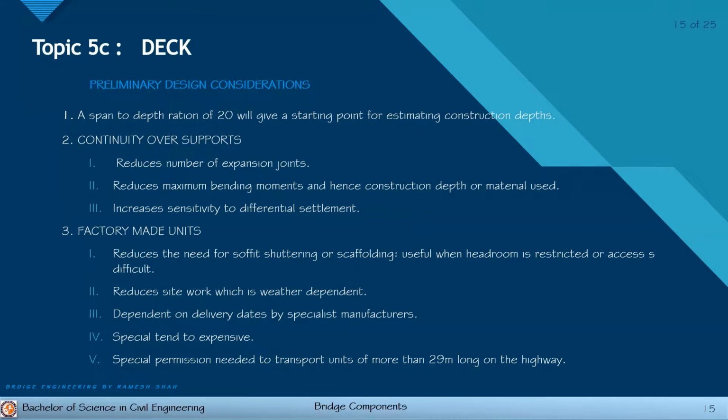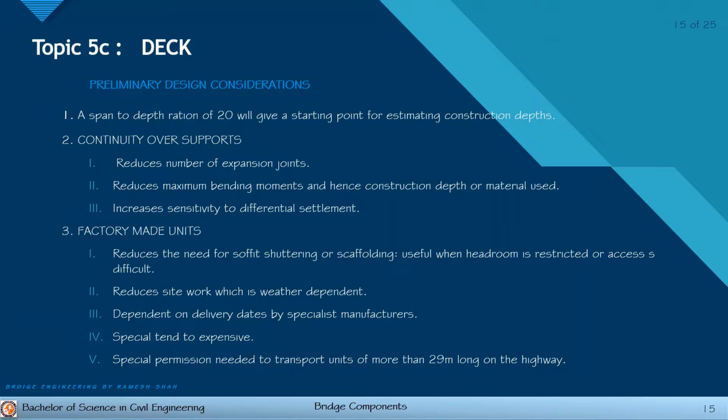Increases sensitivity to differential settlement. So, kailangan din natin yung mga settlement, soil settlement, i-consider din natin upang talagang masabi natin na ating support sa bridge is okay. The next, we have the factory made units.